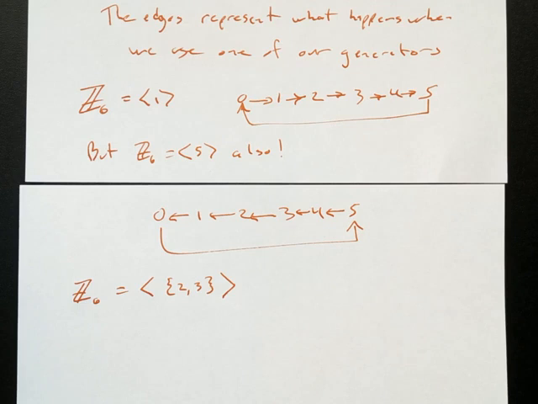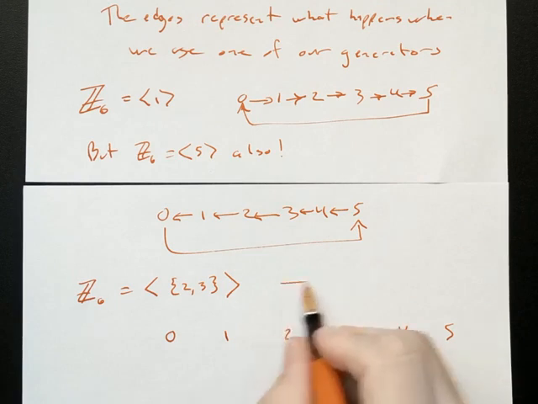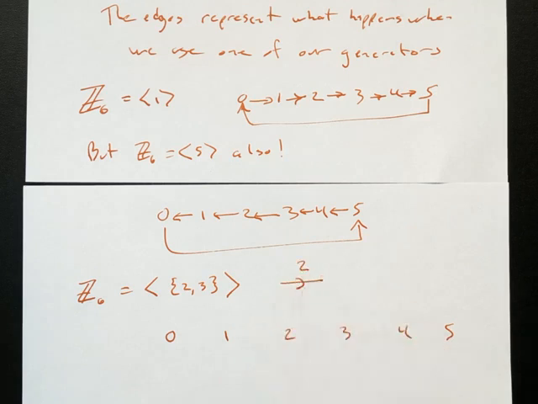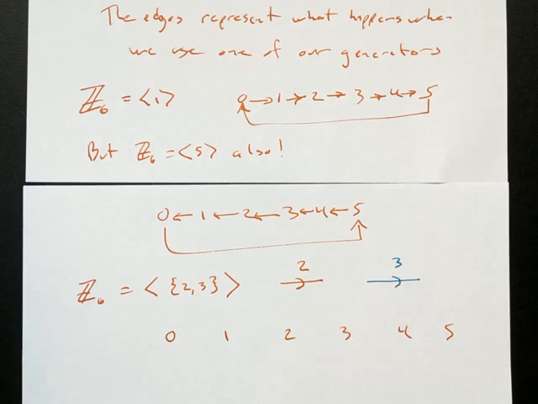So here's what I need you to do. You want this color to be 2 or 3? All right. So over here, I'm going to make a note that this color represents 2, and then this color represents 3.